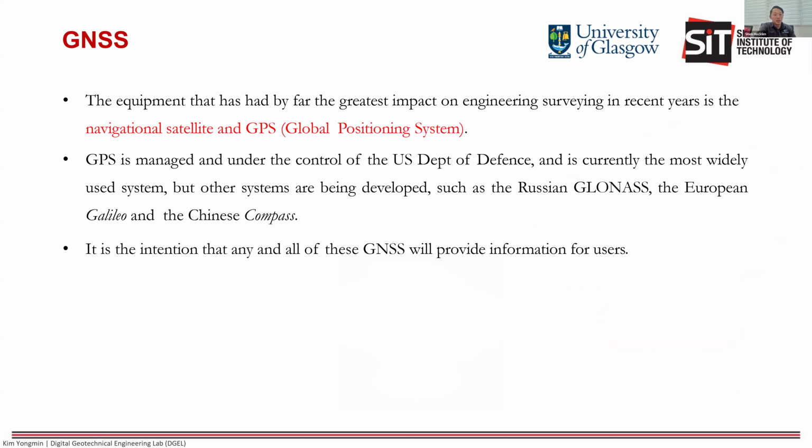Okay, GNSS is called the Global Navigation Satellite System, and it's been quite a breakthrough ever since GNSS technology has come onto the surveying field. This is basically a very accurate global positioning system, which is GPS, which many of your phones or Google Maps use.